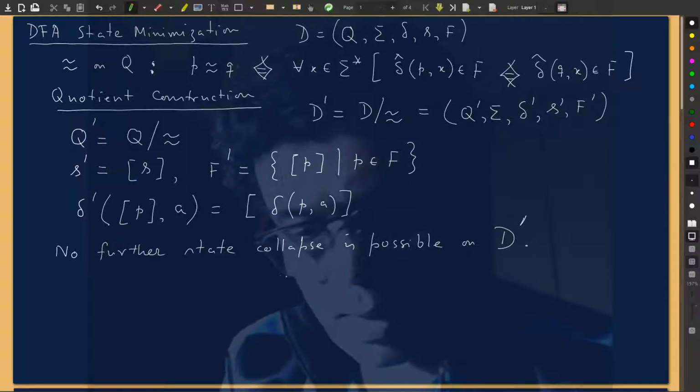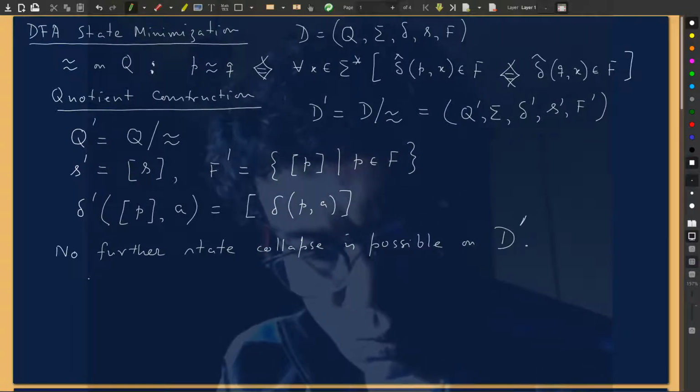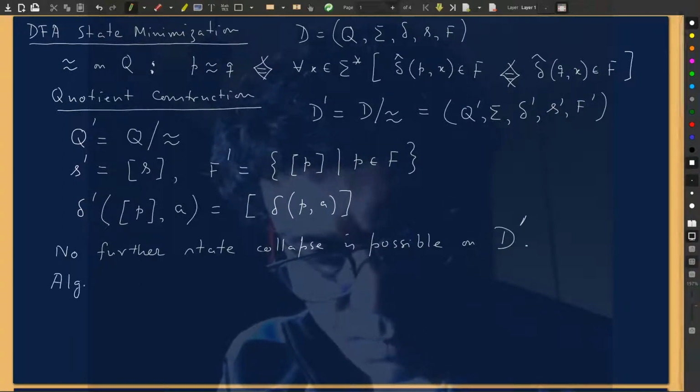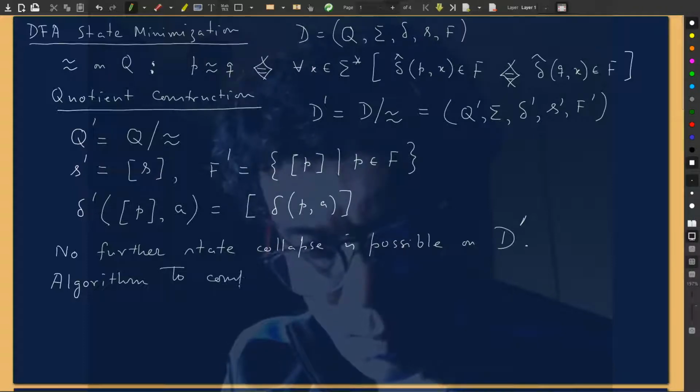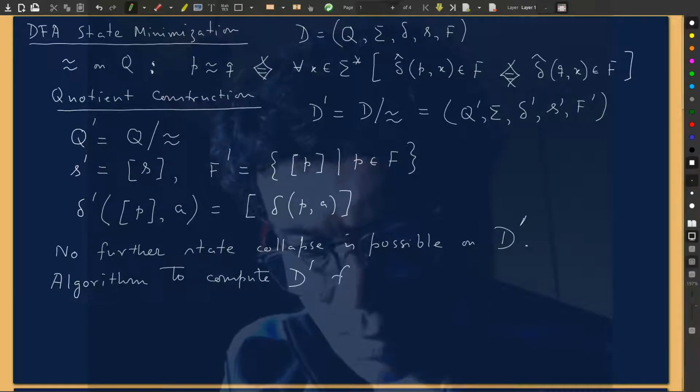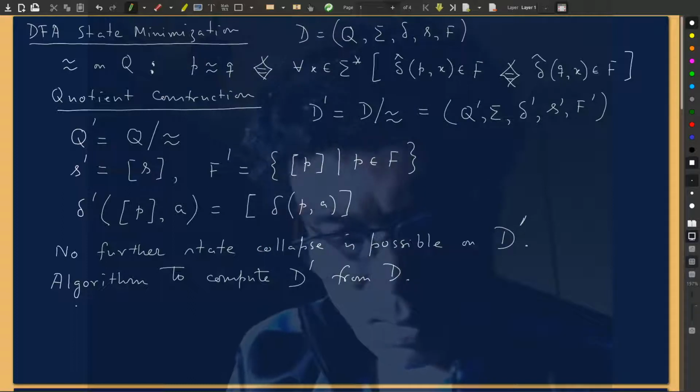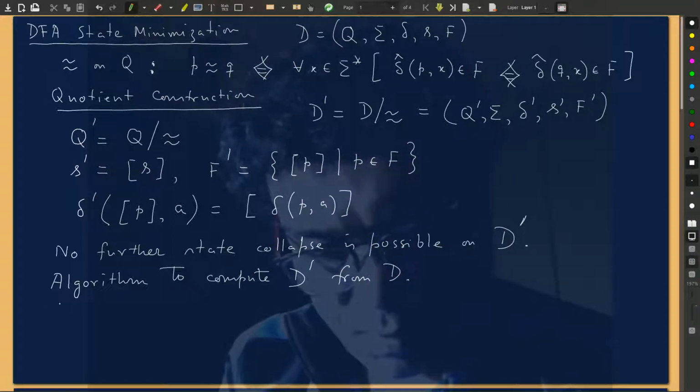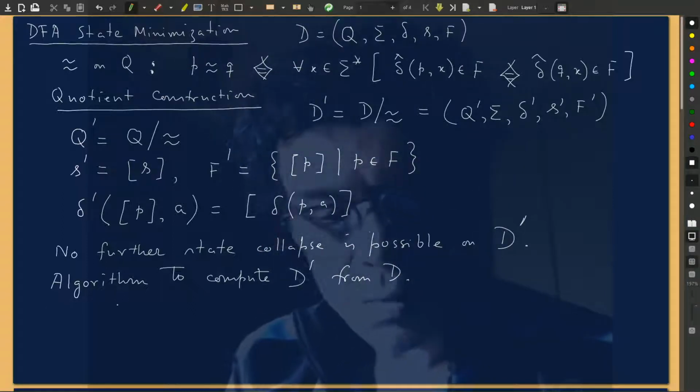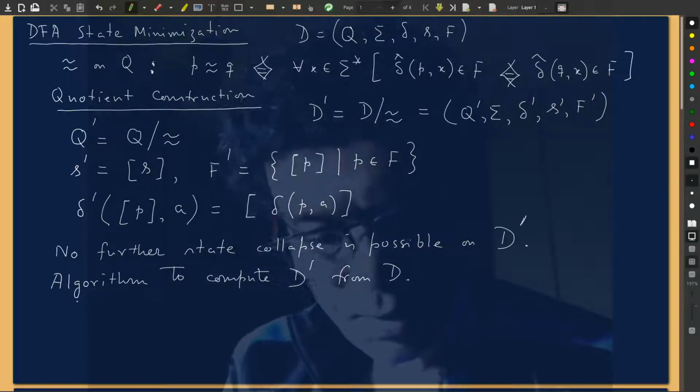Okay, now we would like to ask this question algorithmically. So we want to find an algorithm to compute D prime from D. So this algorithm and some associated issues we will discuss in today's class.